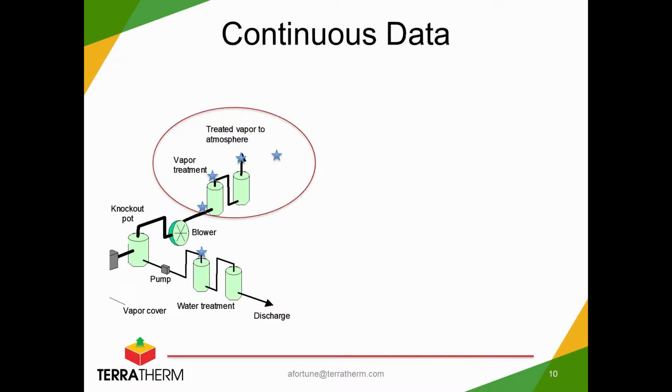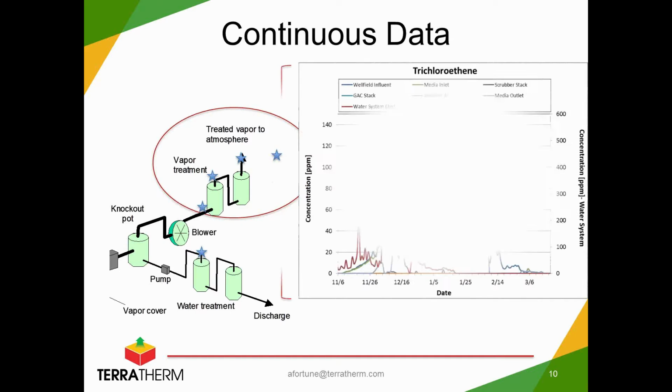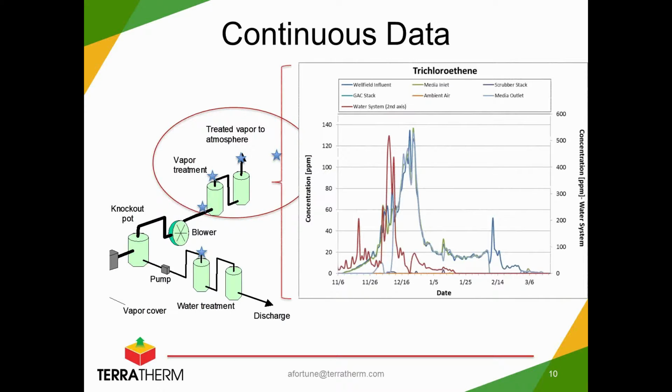So what this was able to give us was the continuous data all throughout the vapor monitoring and, like I said, the headspace of the liquid monitoring system. Here's an example of the data that we would obtain from the system on a real-time basis. This is showing trichloroethylene, which was the major contaminant at the site. Each of those different color lines is representing one of the different locations.